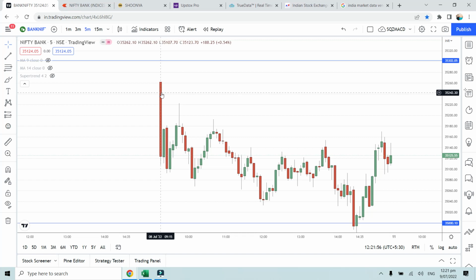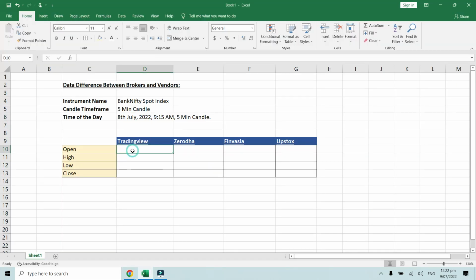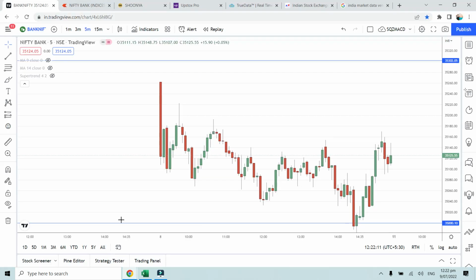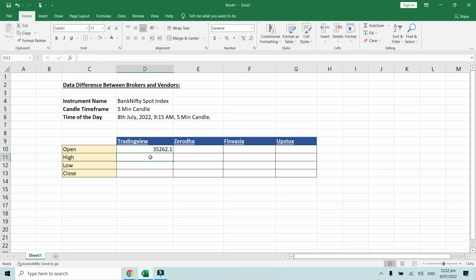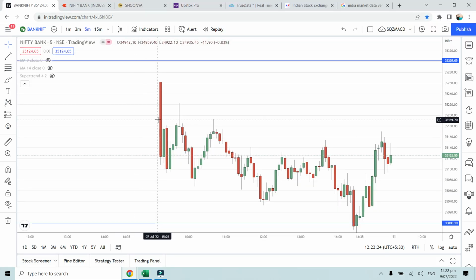Over here, as you see, the open value of the 9:15 candle is 35,262.10. We will note that down. High is 35,262.10, again the same value. The low of this candle is recorded to be 35,107.7.